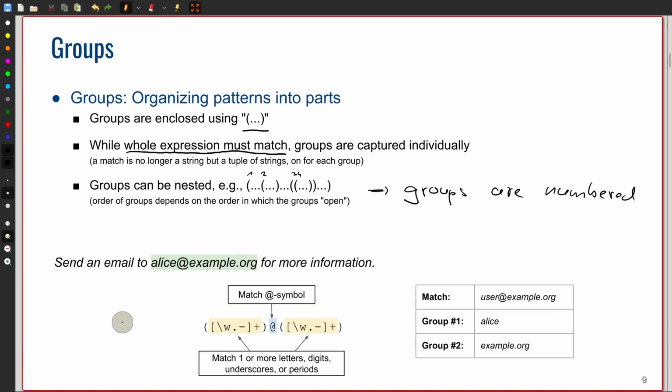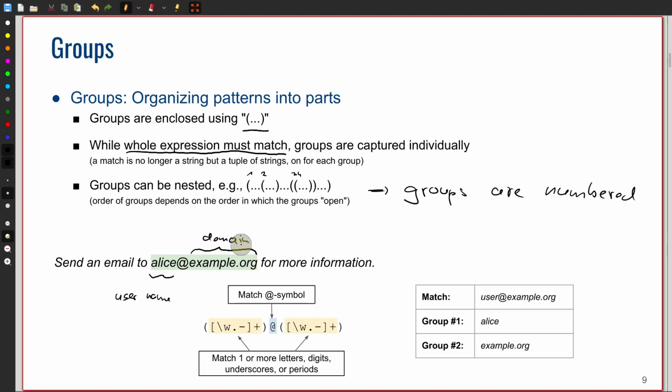But first, let's look at very basic examples of how we can use groups in practice. So here, for example, what we're trying to do is match all the email addresses, but we want to match email addresses in such a way that we explicitly match the username and the domain of the email address individually.